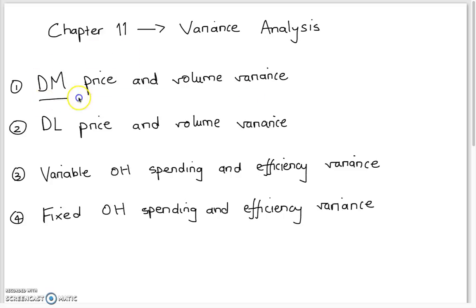So in order to do direct material price and volume variance, this is what I'm going to do. First off, I'm going to start off with the heading direct material, and then I'm going to draw two arrows, and I'm going to name each of these price and volume.